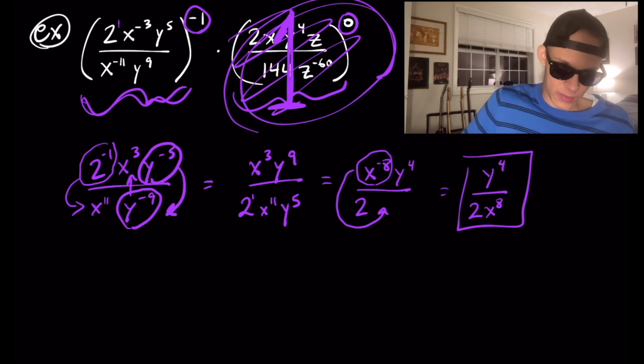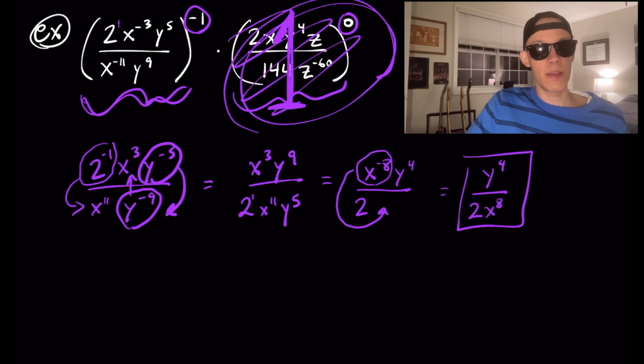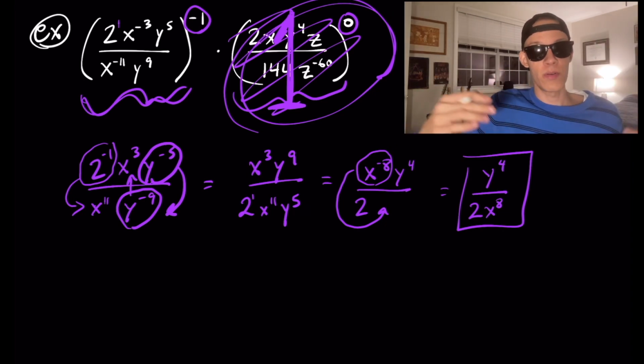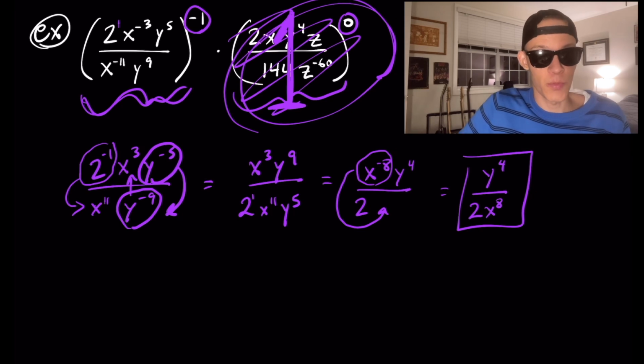Another quick shortcut: if you see a fraction or an exponential expression that is in fraction form like this, and it's raised to the -1st power, raising something to the -1st power just means, hey, flip your numerator and denominator, or express it as the reciprocal if you want the technical explanation.